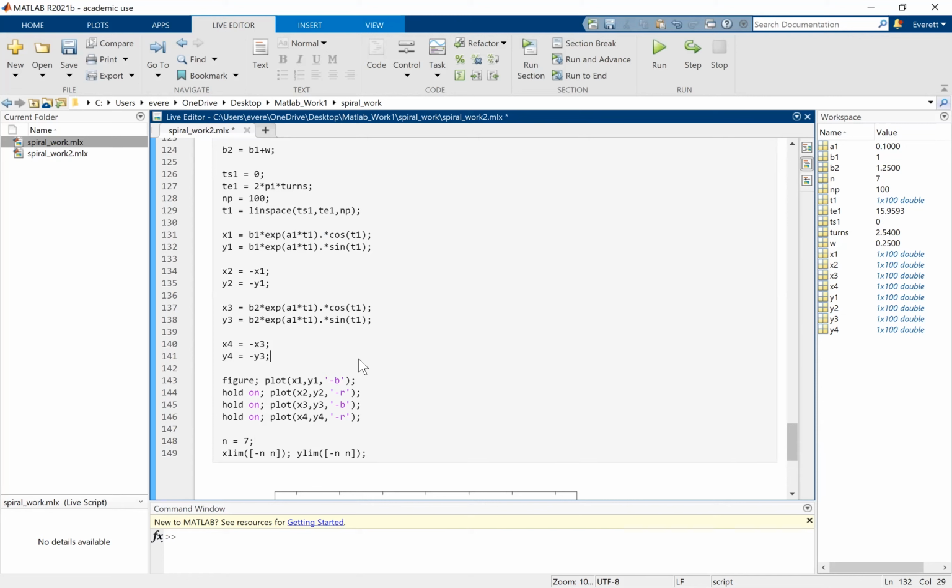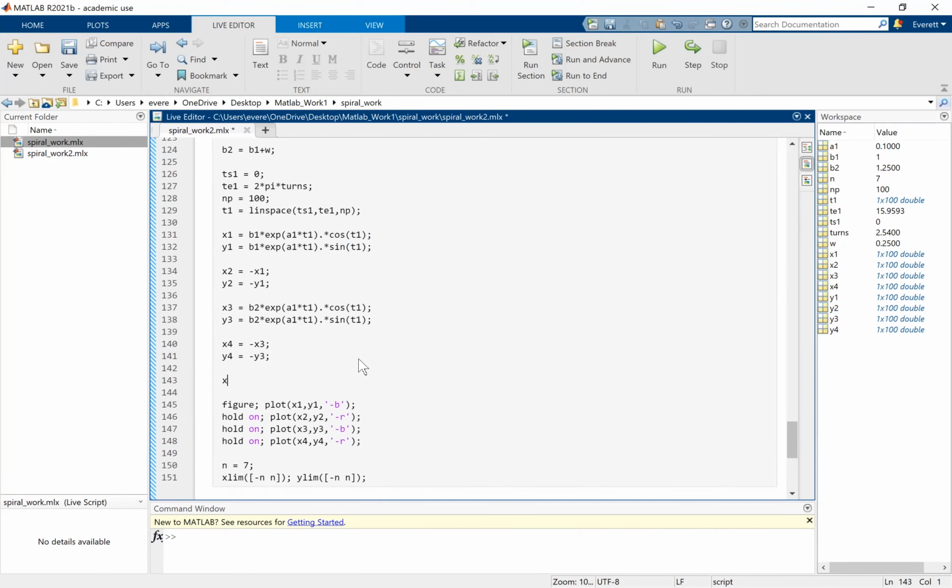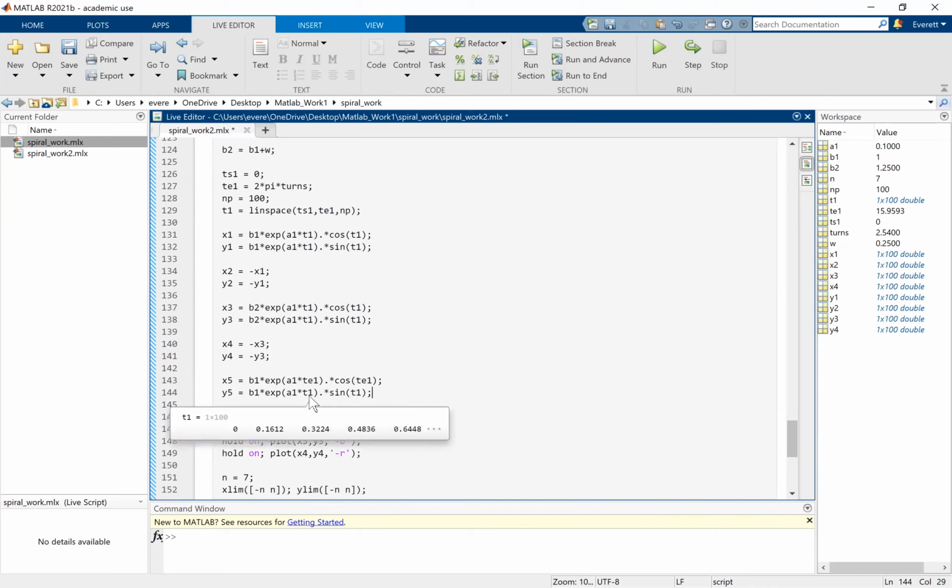So let's just make our x5. x5 equals this, but we plug in TE1 this time. All right, and then y5 equals this, but we plug in our TE1 again.